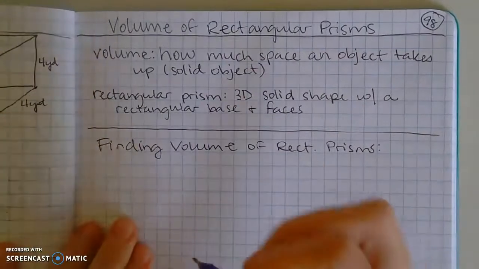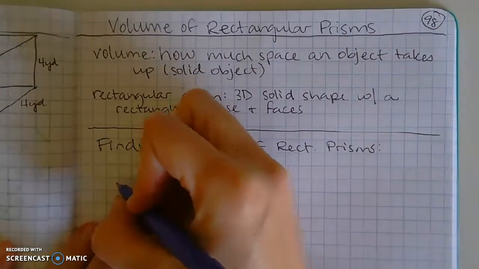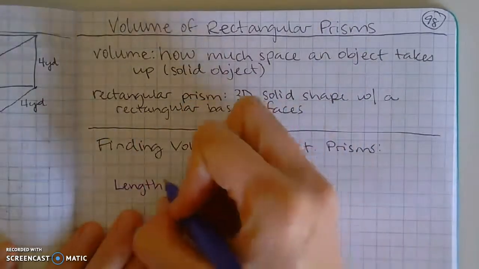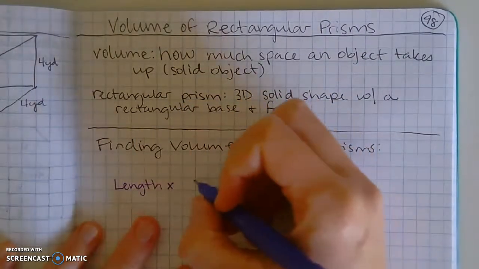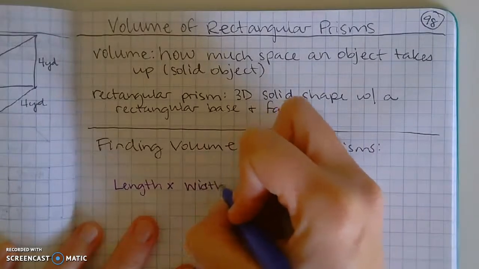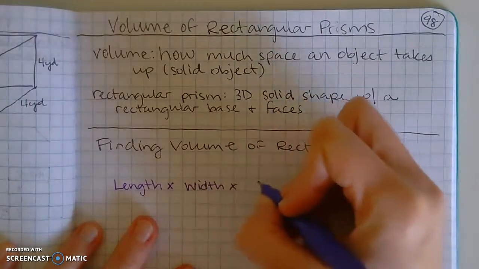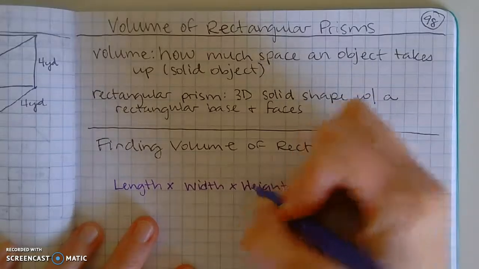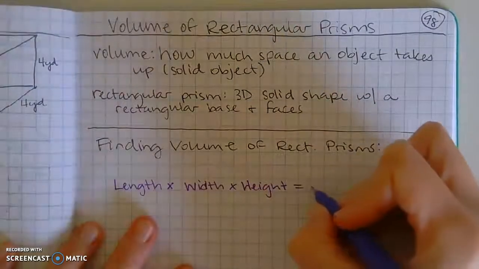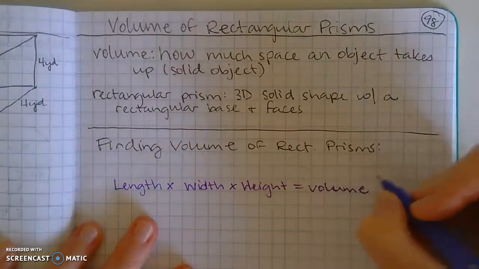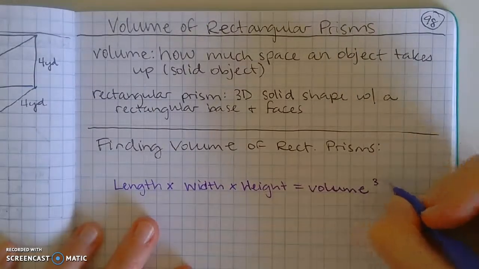So finding the volume, you're going to do length, so the length of the shape times the width of the shape times the height of the shape. Okay, and that is going to give you volume, and it's going to be cubed.